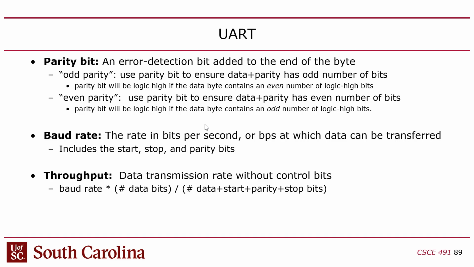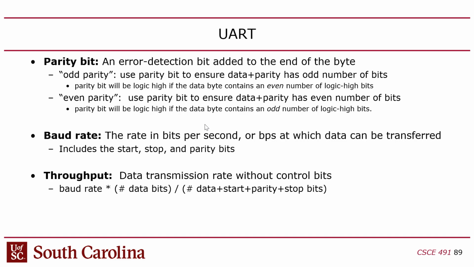So this is the reason why the baud rate, which is the rate at which you send the bits, is going to actually be higher than the rate at which you can send the data bytes, because of this overhead, right? So if you want to figure out the number of data bits per second, it's going to be the baud rate multiplied by 8 over 11, because you only get 8 real bits out of 11 actual bits that you have to send, right?